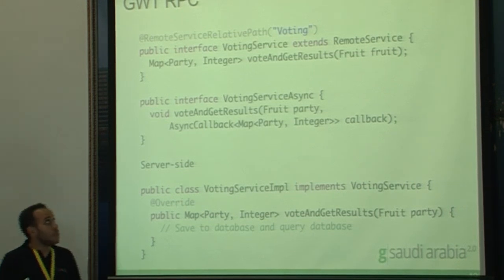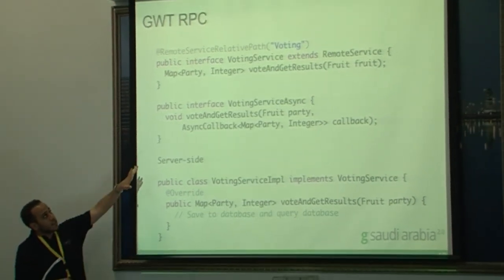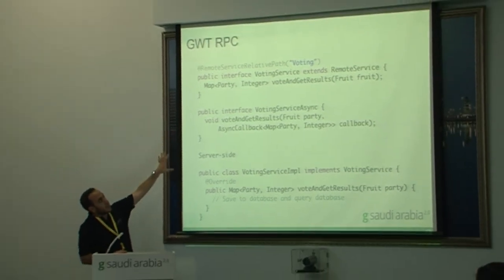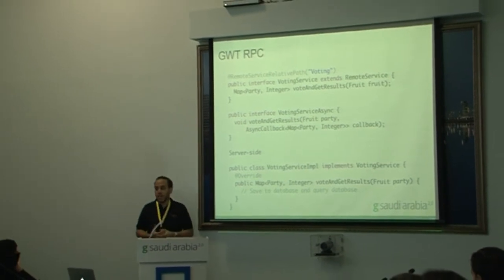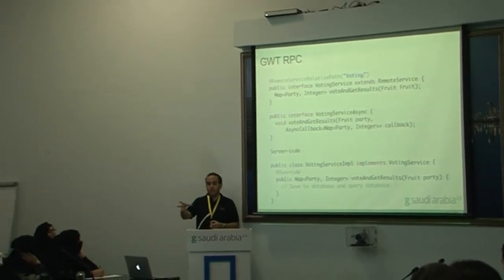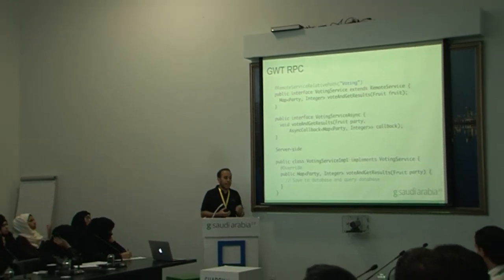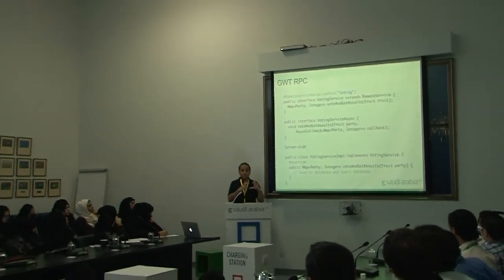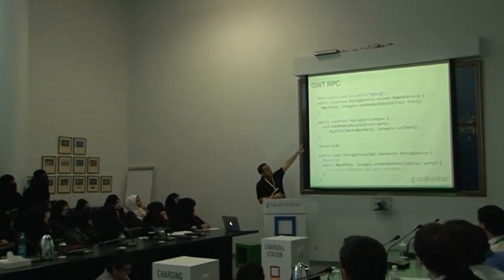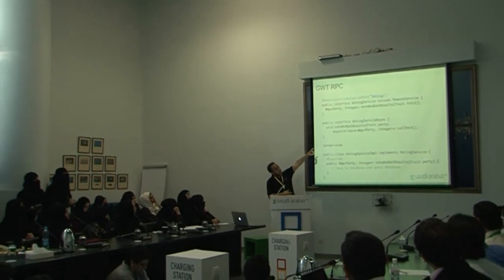So here's an example, the voting service, focusing on the top. What we want is an API where you send the fruit that you want to save, and you get back enough data to render the chart. Does that make sense? So I say vote and get results.